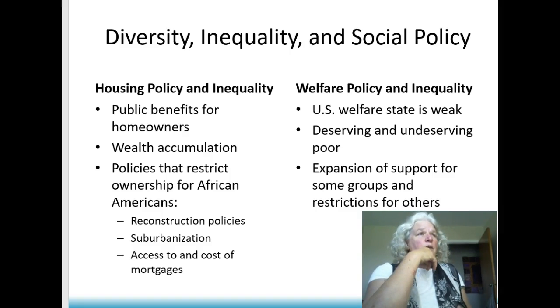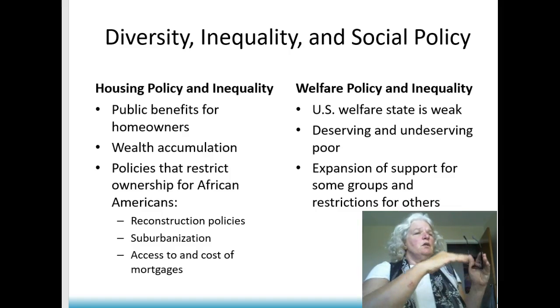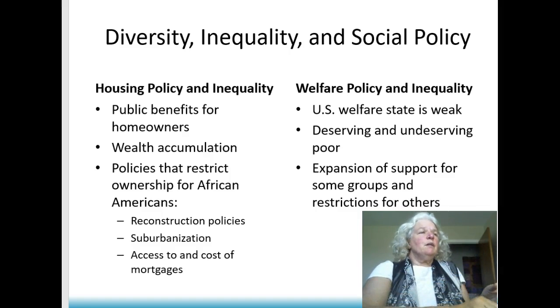There are housing policies and inequalities. So there's the public benefit for home ownership. So people who are poorer or live in major cities where they couldn't own are disadvantaged by this. We see significant issues related to wealth accumulation, that there are advantages within that, and that power can reside within the system. You notice how we're already looking at some of those theories we've talked about before.